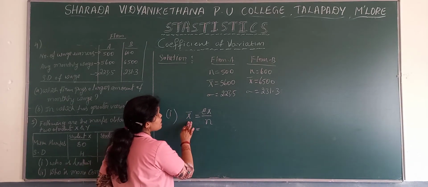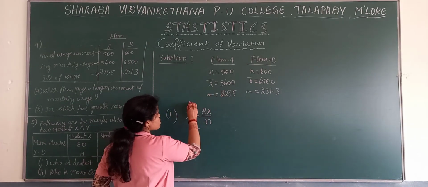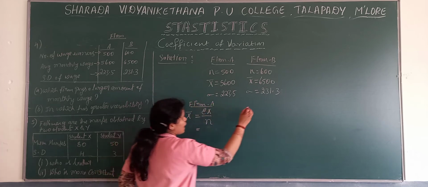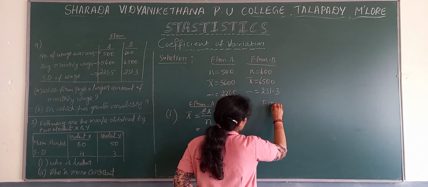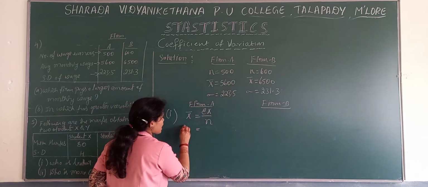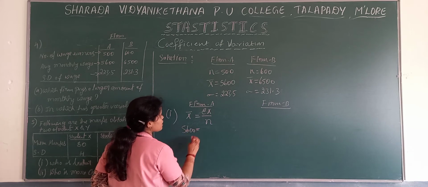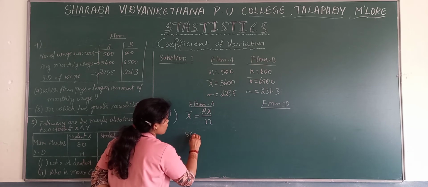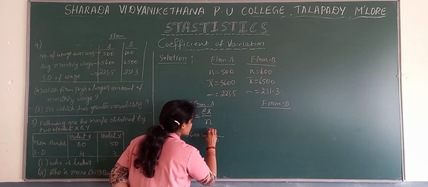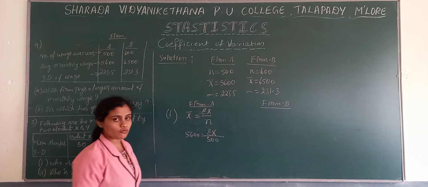Here x bar is given as 5600 for firm A, and n is 500, and we need to find the total number of wages.